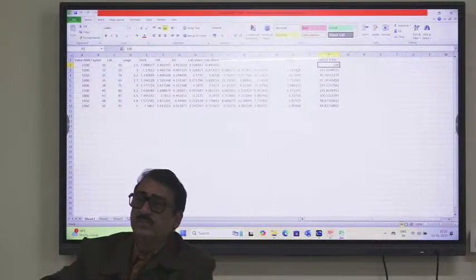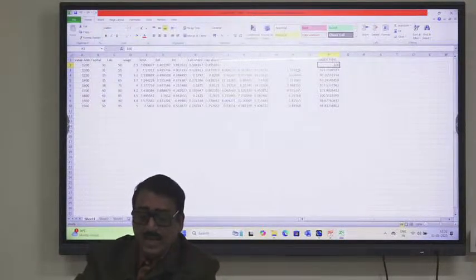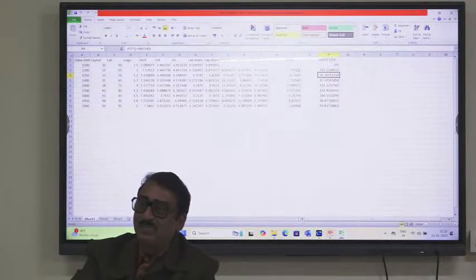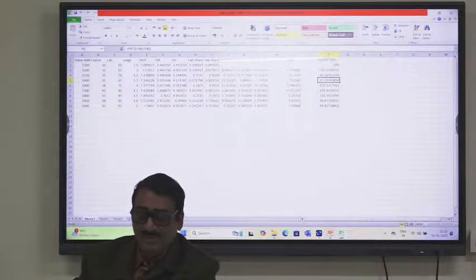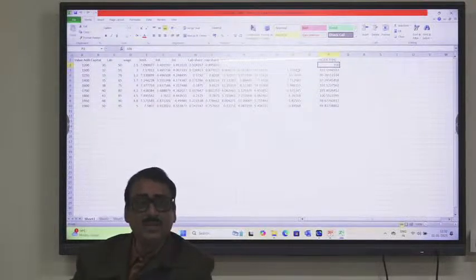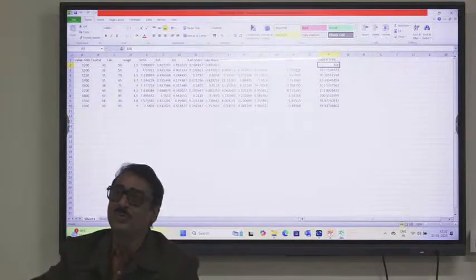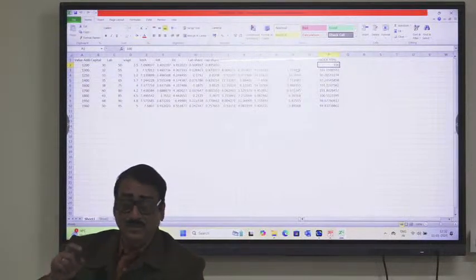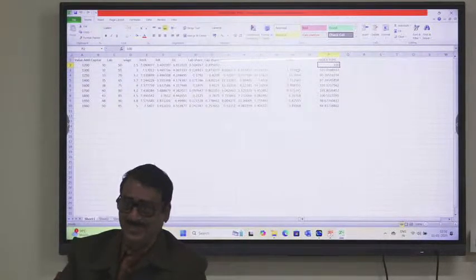So suppose first year was 100. So 100 has become 101.15. Then it has become 90.26 because minus 10 point was the decline. Then it becomes 97.24. So this is how I am able to get the index of total factor productivity, right, for each year.